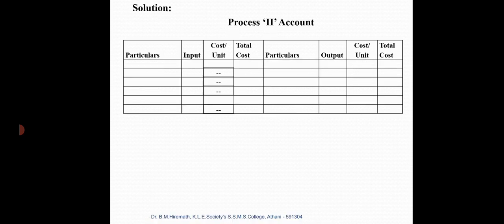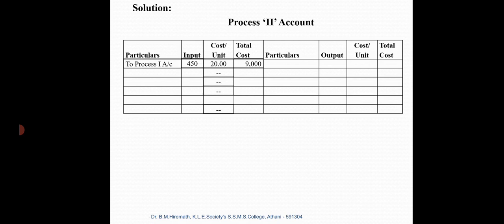So let us go for process 2 account. First take the transfer from process 1 account. Already we know it is 450 units at the rate of 20 per unit, total is rupees 9,000.